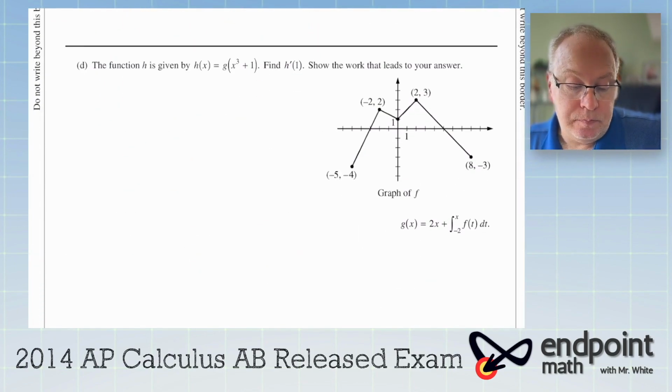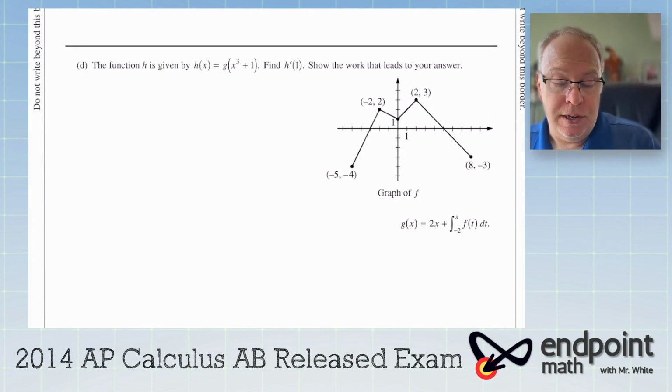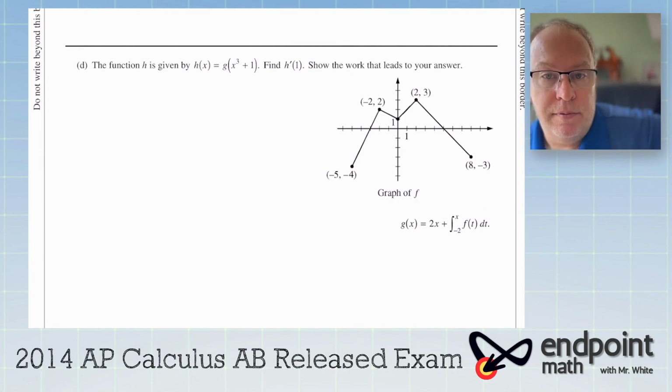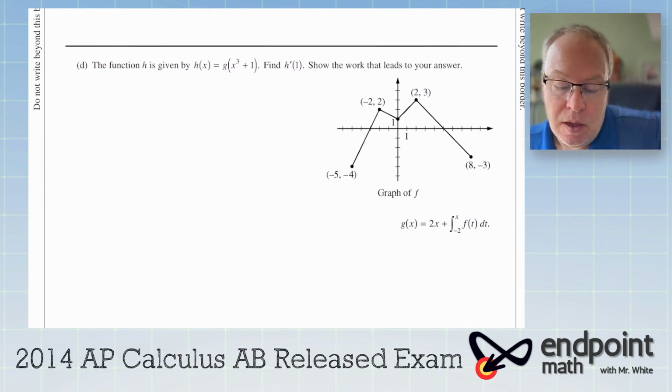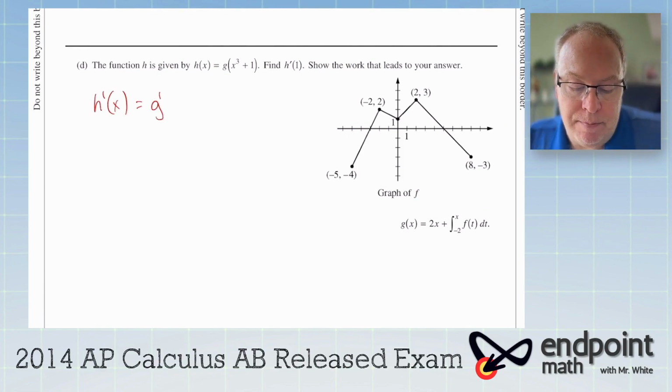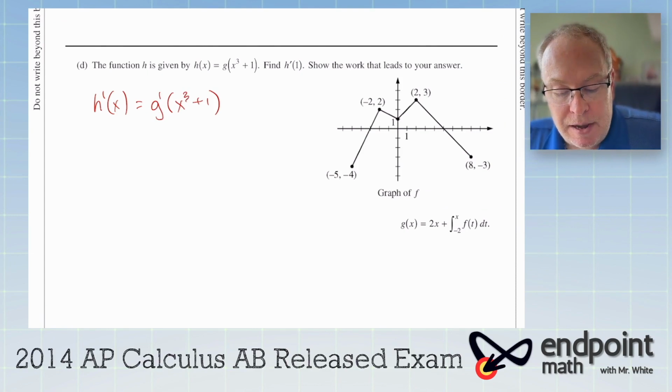Letter D. The function h is defined by g of this other function. Find the first derivative of that thing. So h prime of x would be g prime composed of x to the third plus 1, but then multiplied by 3x squared.